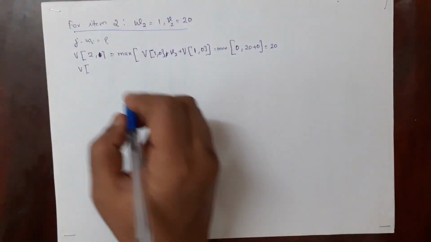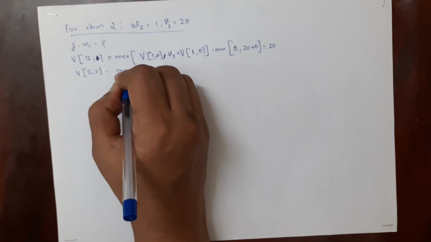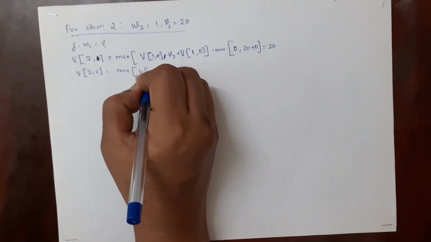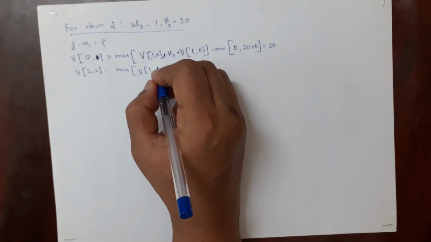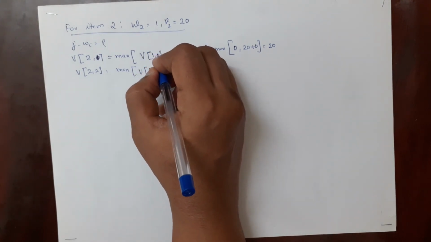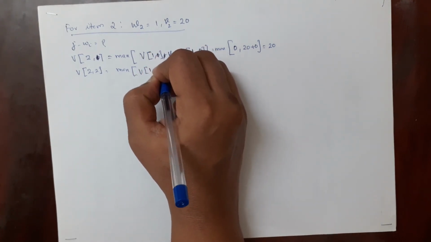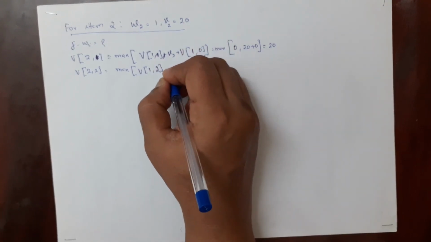Next v of 2 comma 2. V of 2 comma 2 is maximum of v of I minus 1, 1 comma j value is 2.